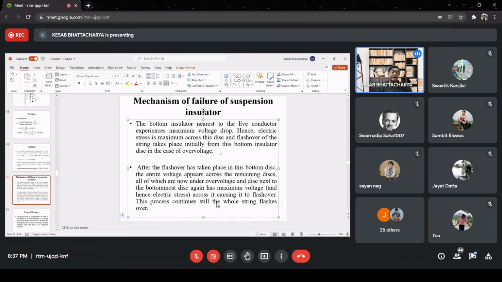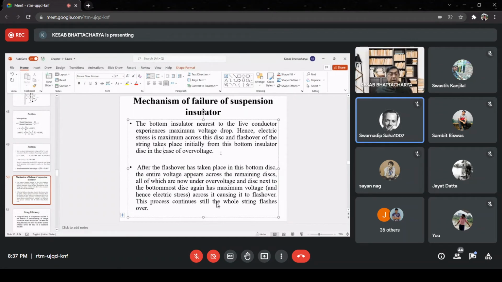Do you understand the process of failure of the suspension insulators?